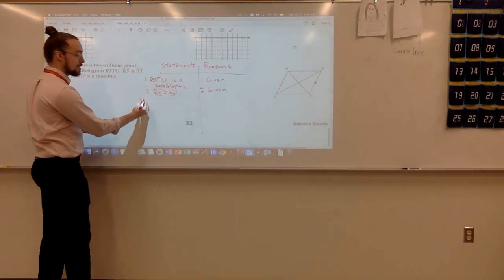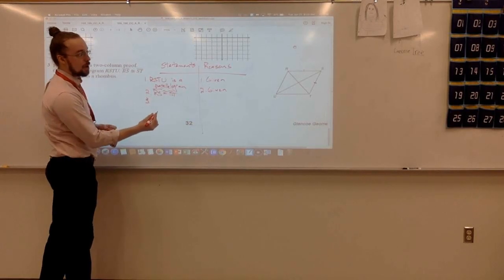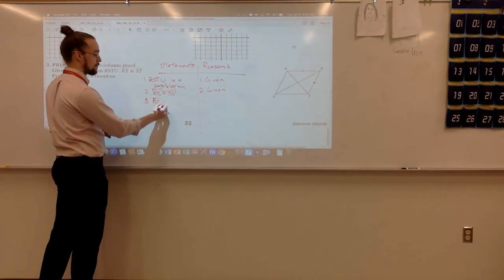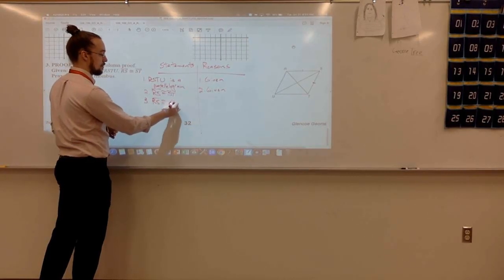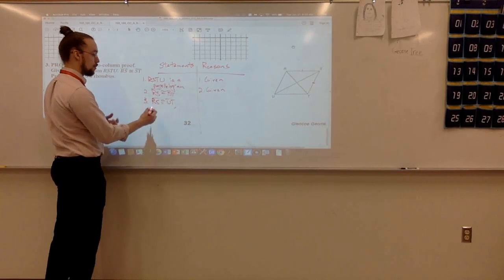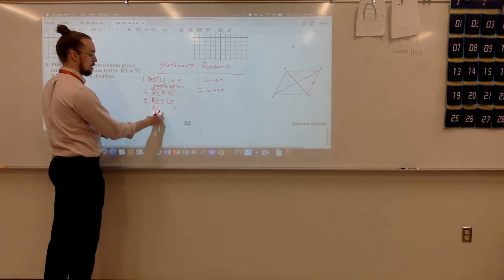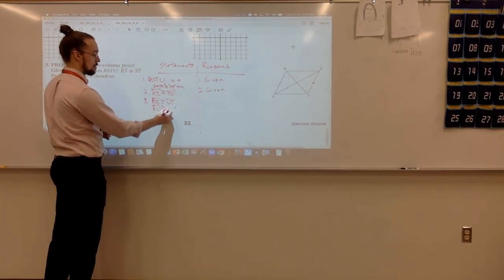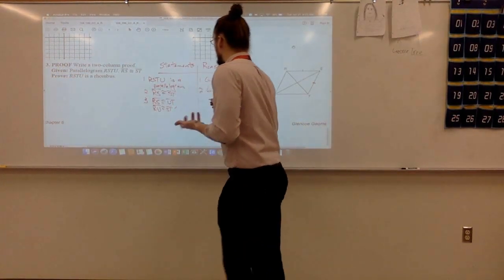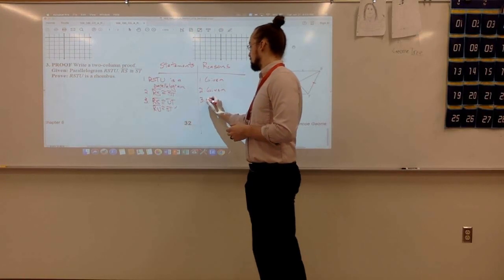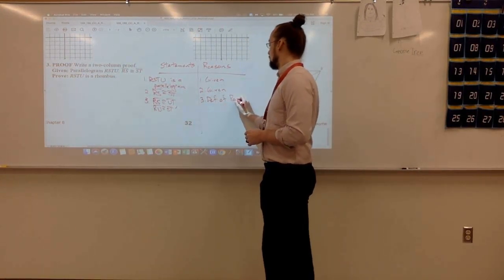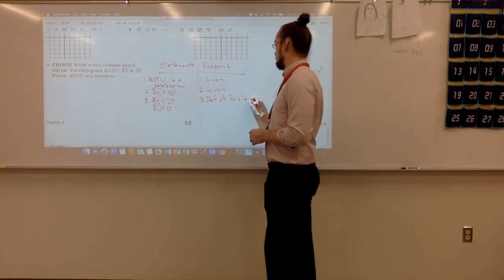So we can list those sides. We can say RS is congruent to UT, and the other pair of opposite sides are UR and ST. Opposite sides are congruent because that's just what it means to be a parallelogram. So we can say definition of parallelogram for that one.